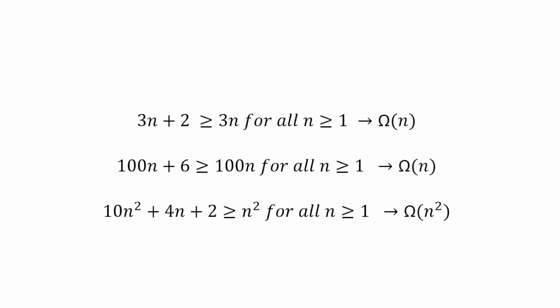Let us take another example, f of n as 10n square plus 4n plus 2, which is greater than or equal to n square for all n greater than or equal to 1, hence can be represented as omega of n square. So omega of n square or omega of n in this example is the lower limit of the functions given here.